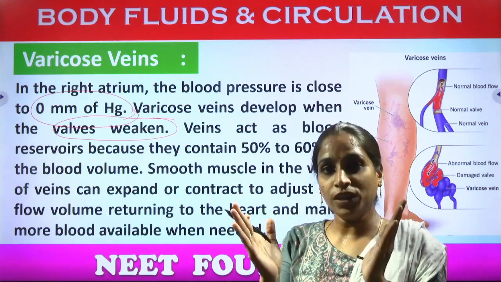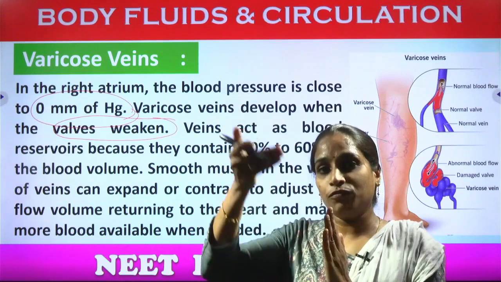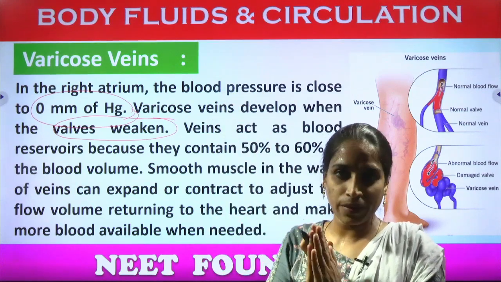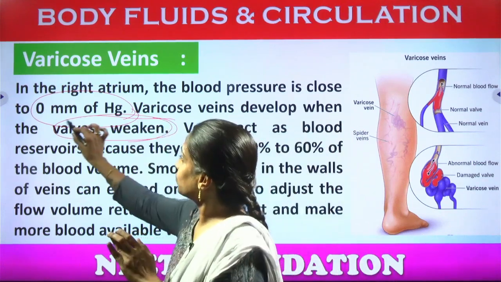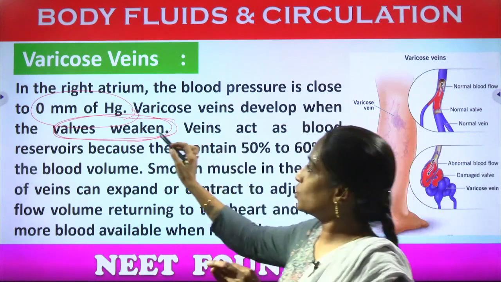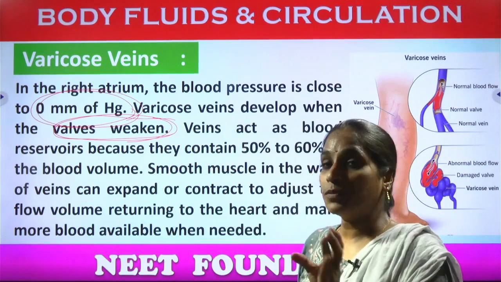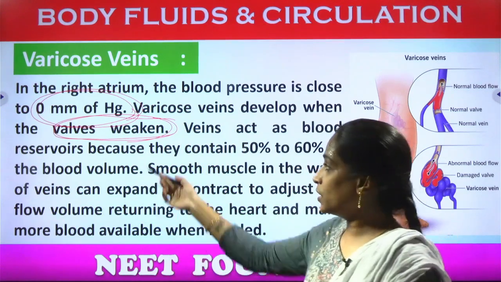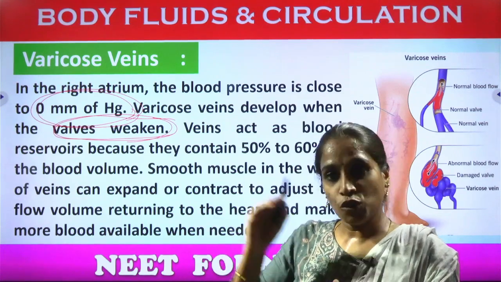They open for movement of blood, and they close for preventing the backflow of the blood. And the valves become weakened when the blood pressure is close to 0 mm of Hg, right? When the blood pressure is 0, the valves become weakened, though the blood has to flow continuously.